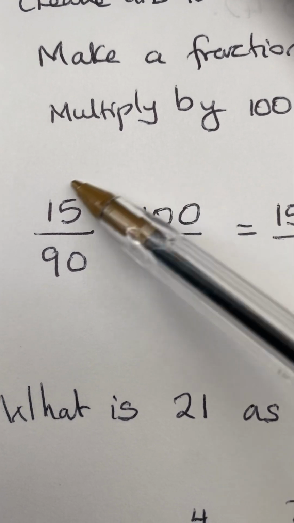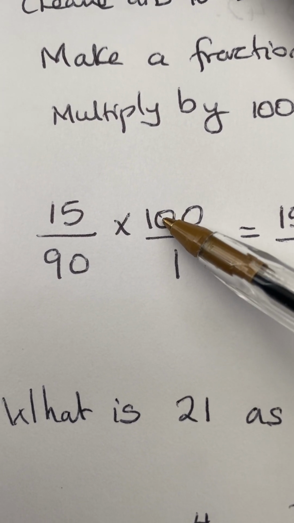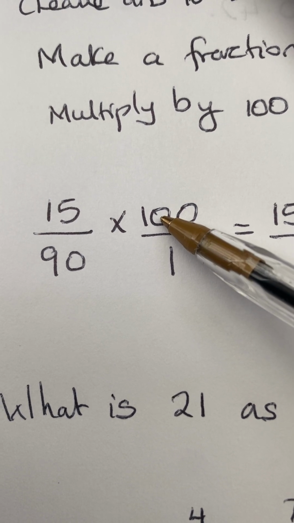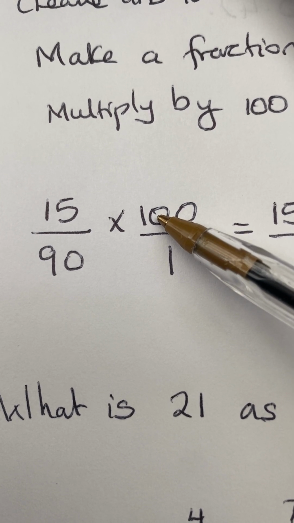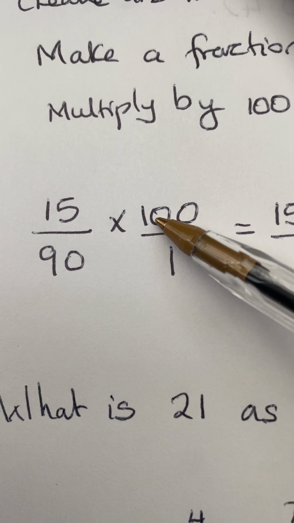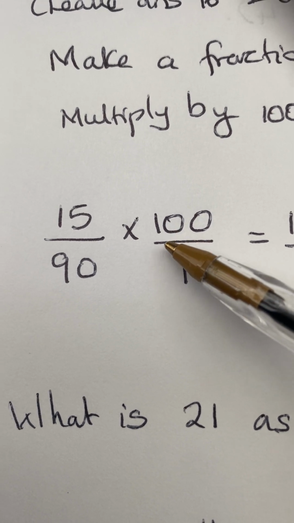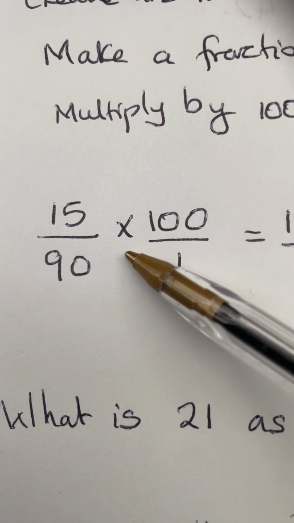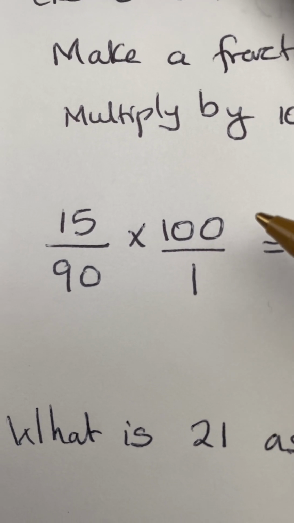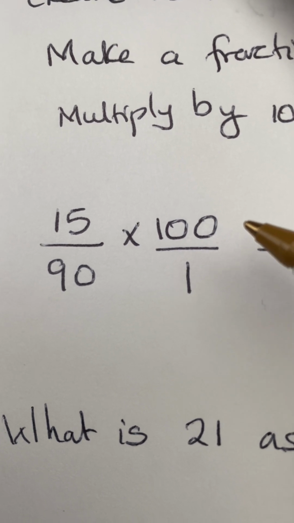To get this explanation, assuming they ask you what is 15 percent, so 15% is 15 over 100, but they are asking you to find 15 as a percentage of not 100, but this time of 90.